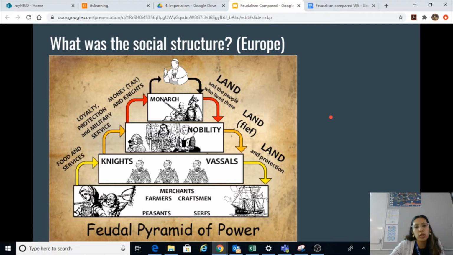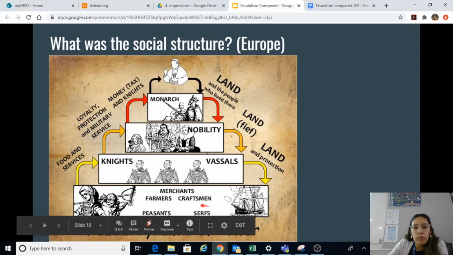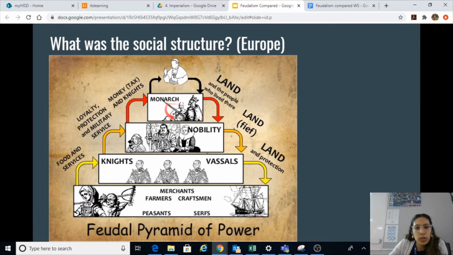Okay, so European social structure, what was that like? It's very similar to Japanese feudalism. So feudal structure for Europe was the monarch, which is technically the king, is at the top, and the kings are going to grant land to their noble lords.